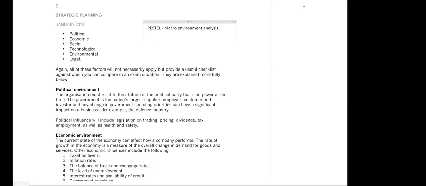What do we mean by that? It basically means whatever is happening in the external environment does create an impact on the business. It may favorably or unfavorably impact the business.